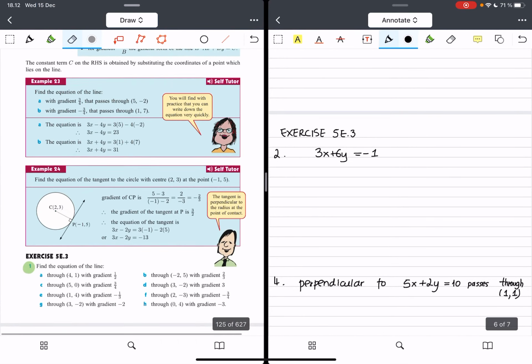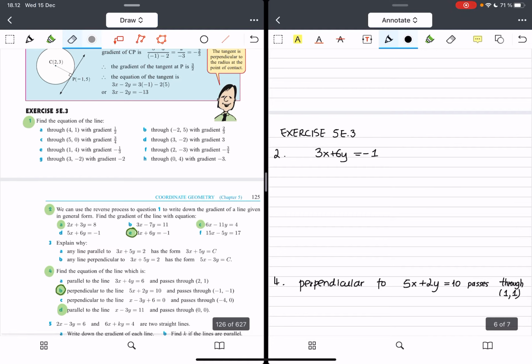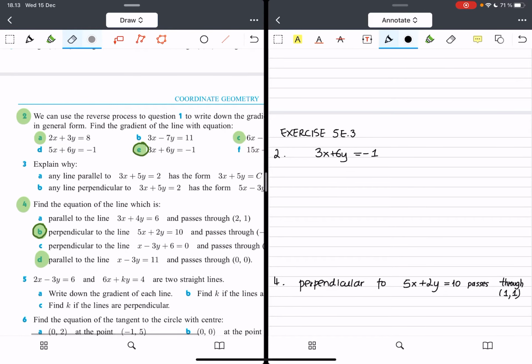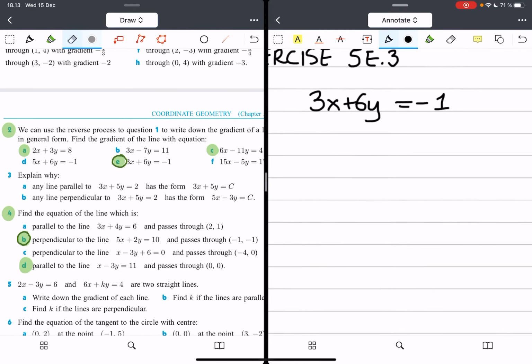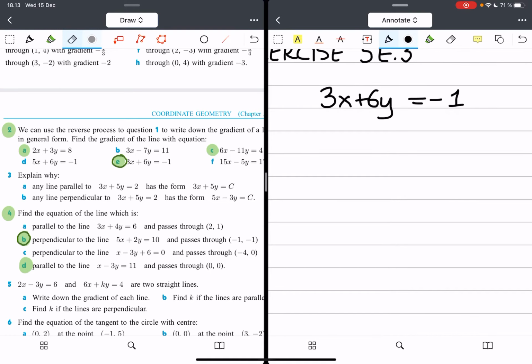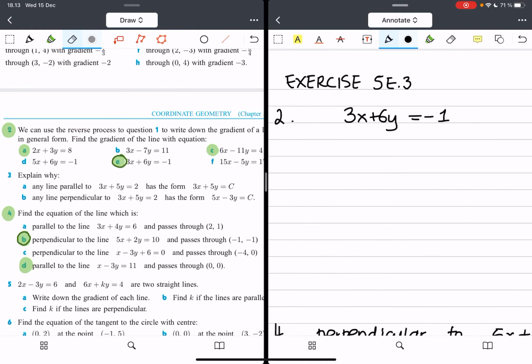Again, exercise 5E3, question number 2. You're given the general form and you need to convert it into the gradient intercept form. As I just showed you above, when you have the general form, meaning that x and y are collected on the left, you need to isolate the y on the left.